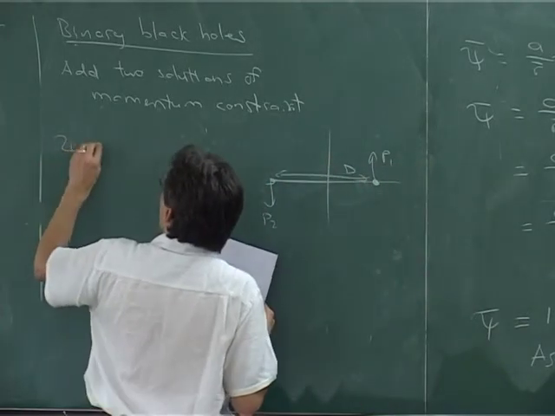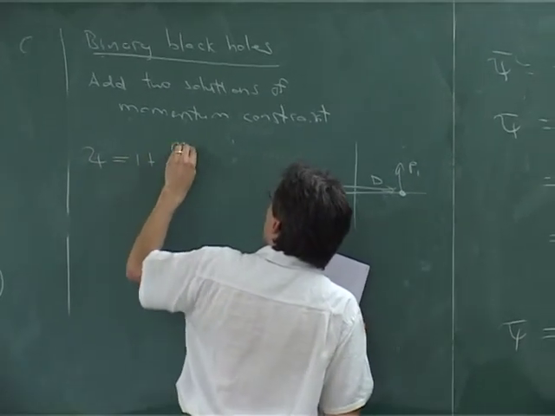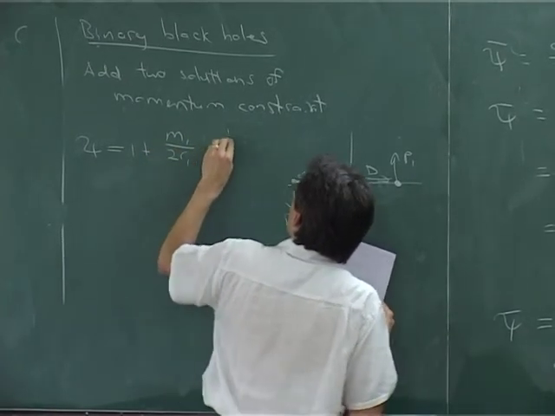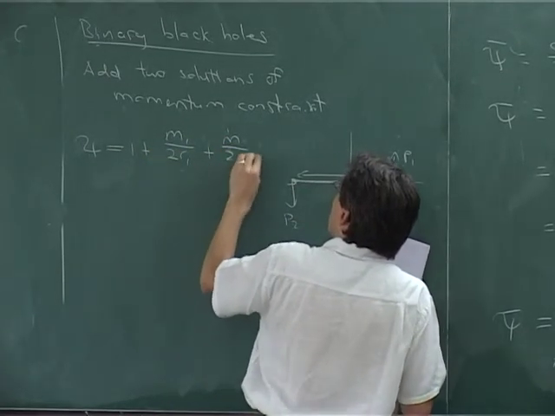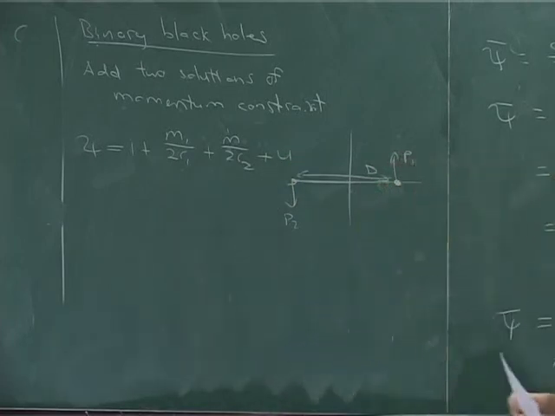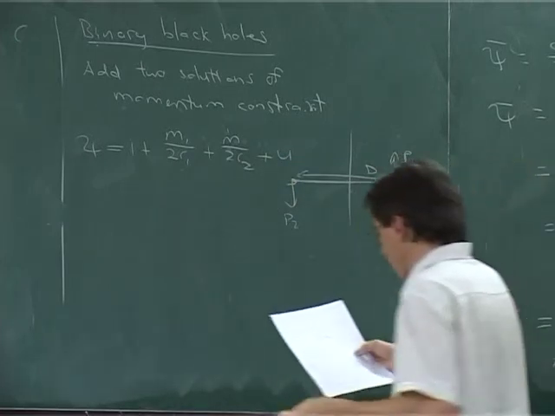Fortunately, we can just write this in this form. We just have a sum of these divergent pieces, 1 over R1 and so on.